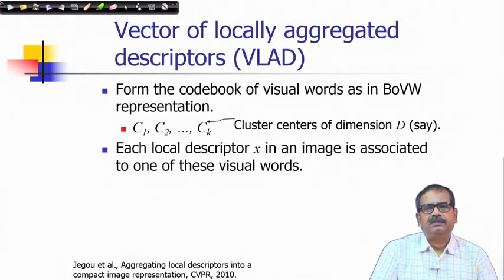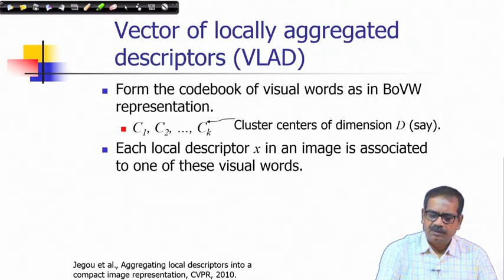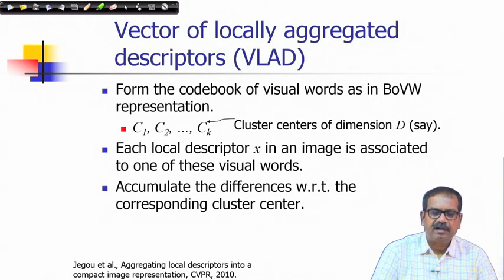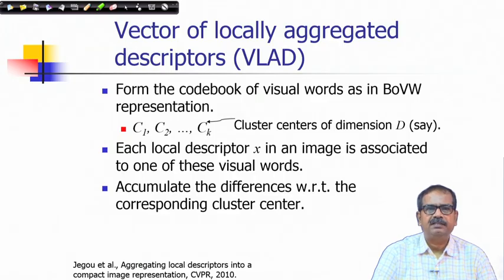Then after that, what we considered is aggregation operations with respect to these centers. So, let us understand this mathematical operation. Consider a local descriptor x in an image, and that is associated to one of these visual words. Then we are accumulating the differences with respect to the corresponding cluster center.